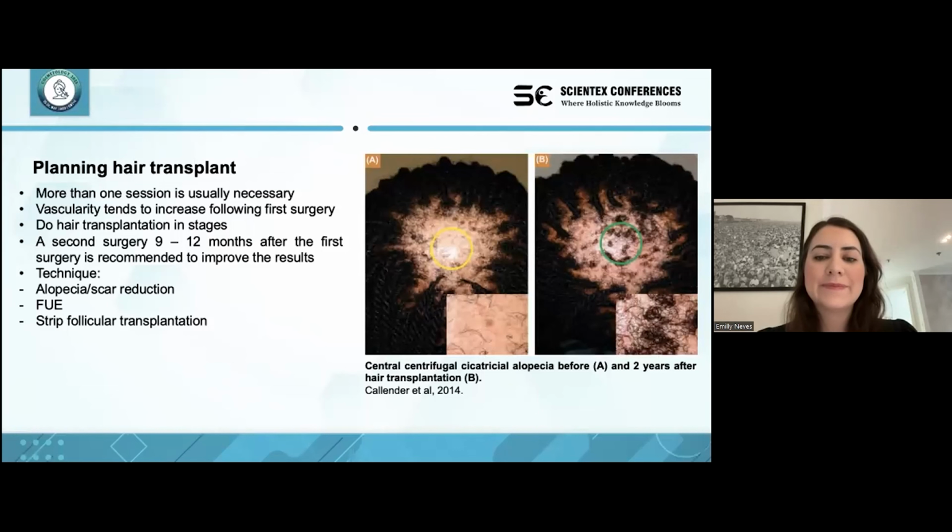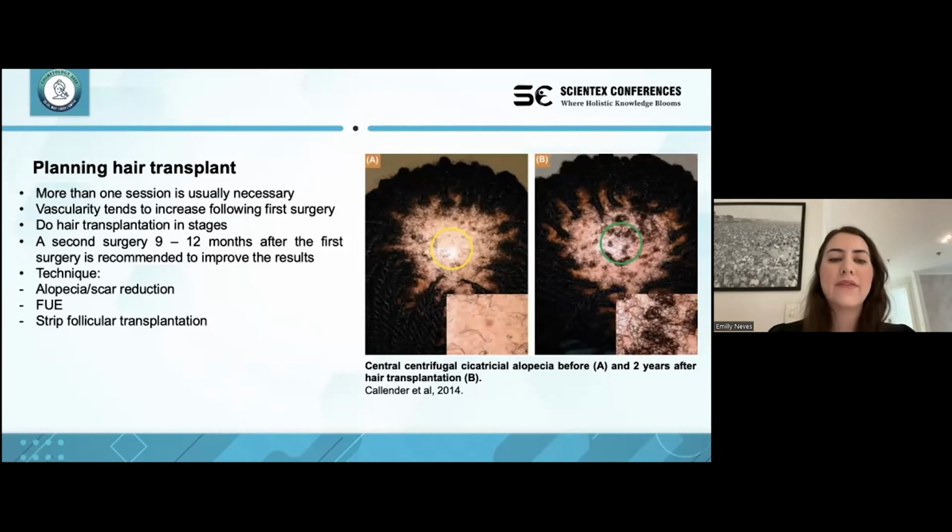When we think about technique, we can do scar reduction, a surgery only to perform the reduction of the scar, with excision and suture.